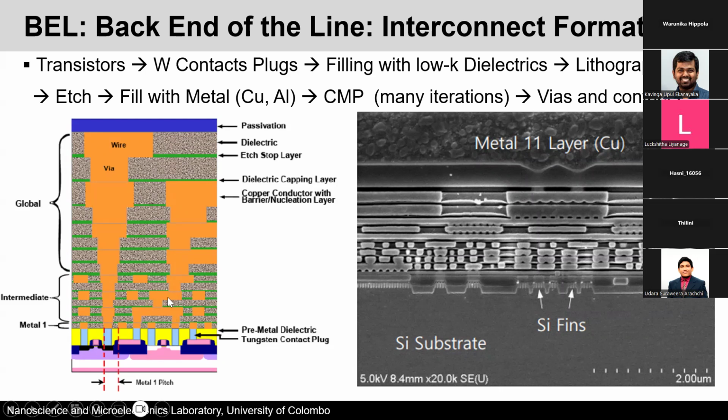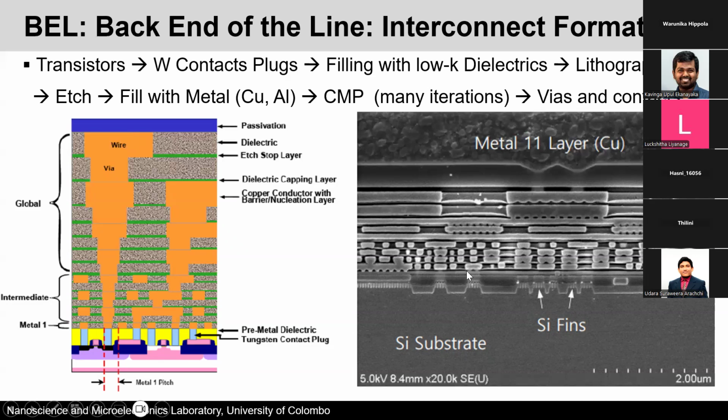So they are making certain connections, they are making logic gates, right? And then there are signal lines that are being routed around. So these are intermediate connections, there are global connections, and then finally there is a particular passivation layer. Here also you can see the copper interconnections that are going up to maybe M11 or M12. I think there are 10 or 12 layers in this particular chip.